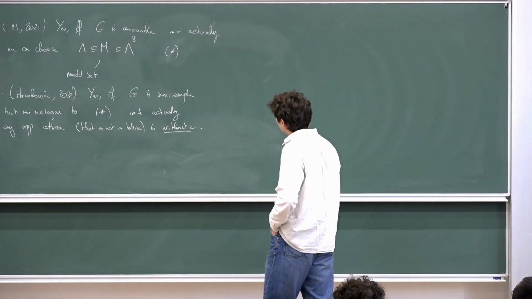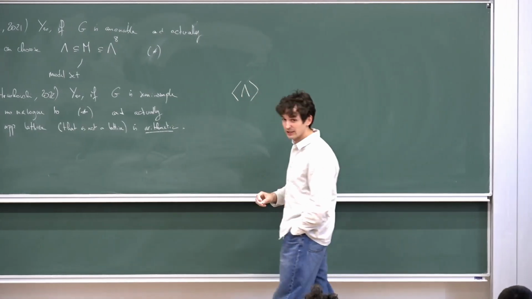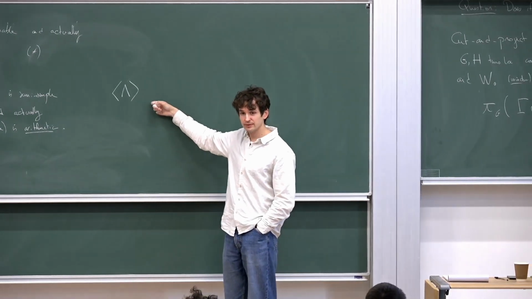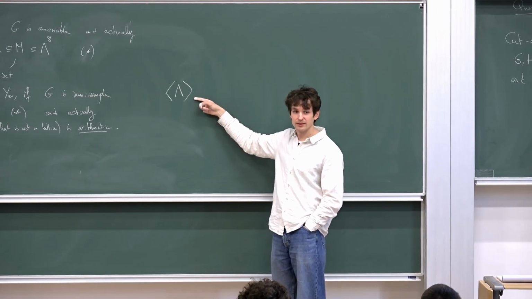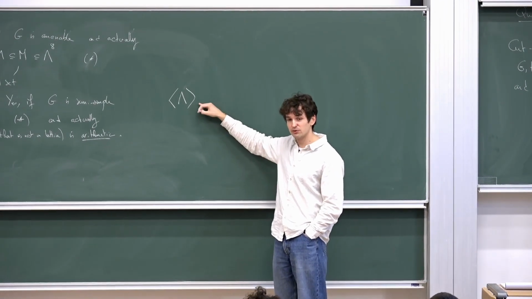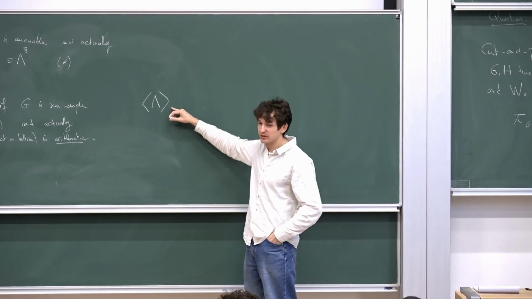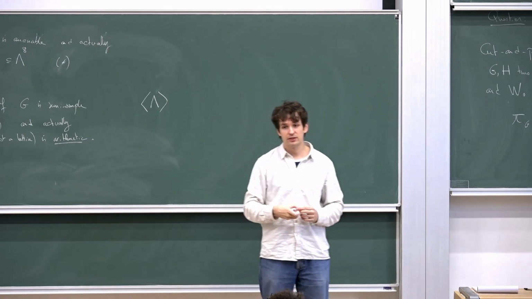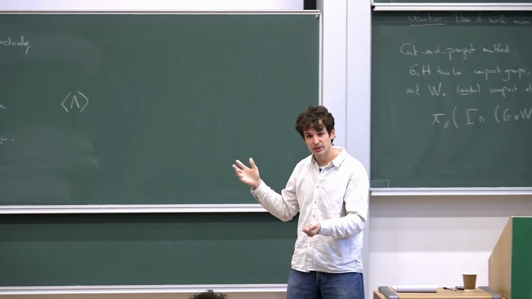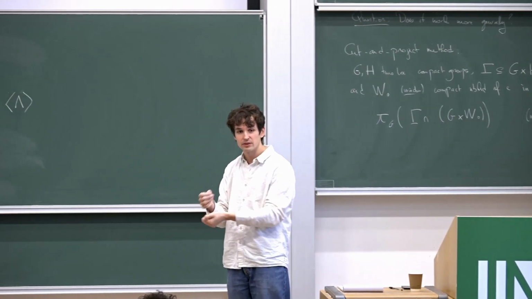The way you can think about it is the fact that the group generated by my approximate lattice plays the role of the commensurator. Okay, and if this group is discrete, then this group is a lattice, and essentially your approximate lattice is already a sort of lattice. If this group is not discrete, you have a dense commensurator, and this is related to this criterion of Margulis that says that a lattice with dense commensurator is arithmetic.